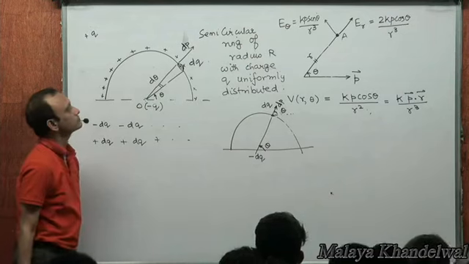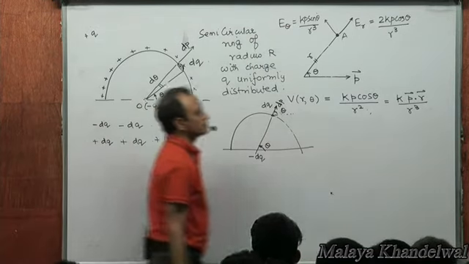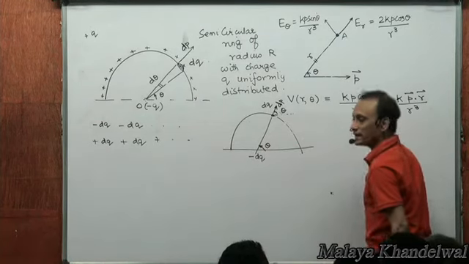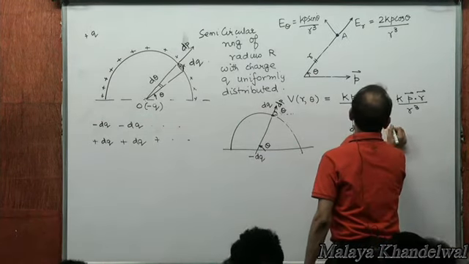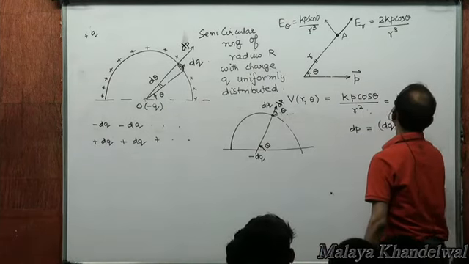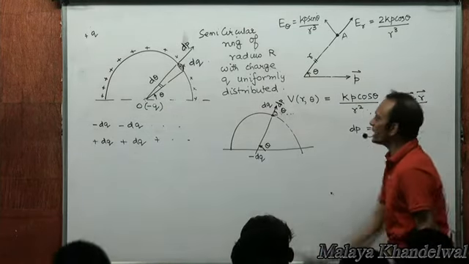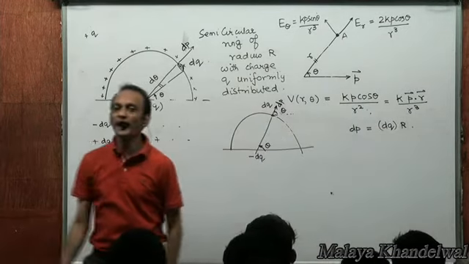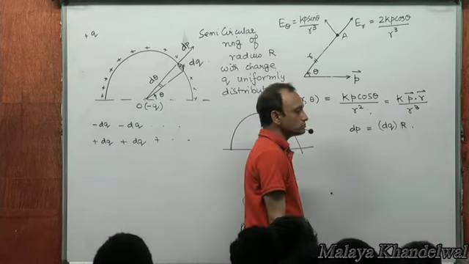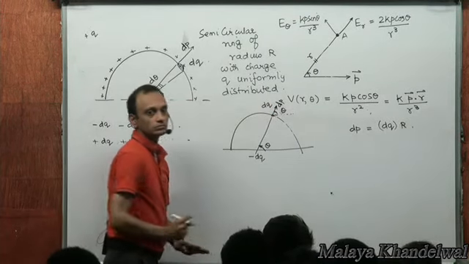Clear? Now, what is this dp? This dp is very clearly dq into the radius. dq into the radius is the dipole moment dp, right? Yes or no? Clear?